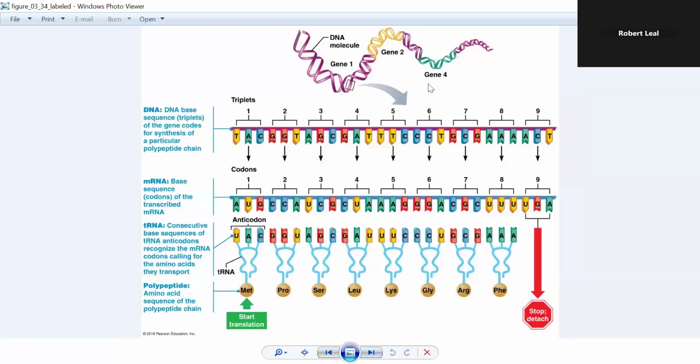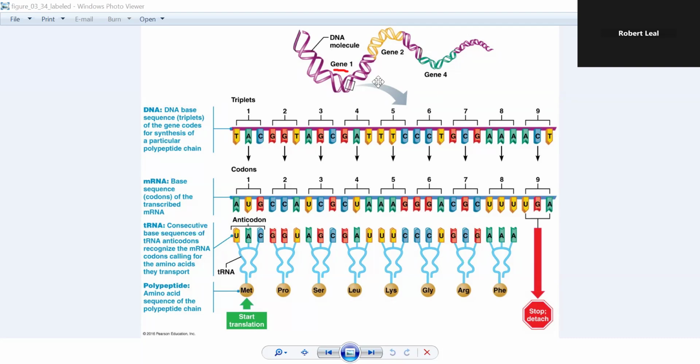All right, so in the very top scenario, you're looking at DNA. Remember, a gene is instructions to make one type of protein. And you don't just have one gene, you've got thousands to make any protein in the body. So gene 1 would be instructions for one type of protein, gene 2 instructions for a different type of protein, and similarly gene 3 would be instructions to make another type of protein.